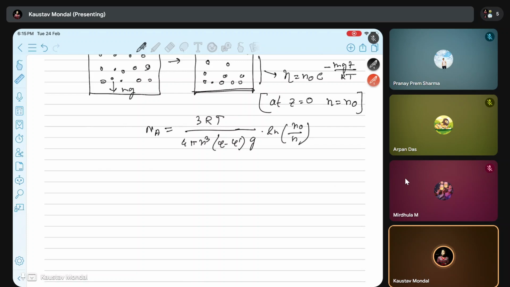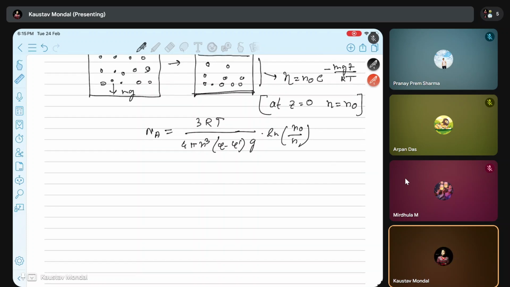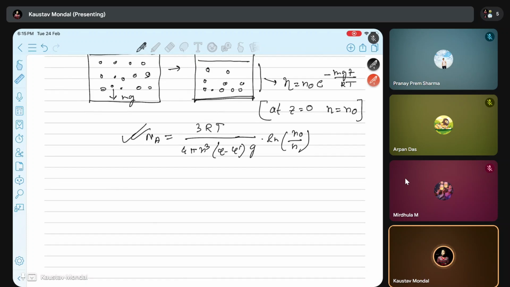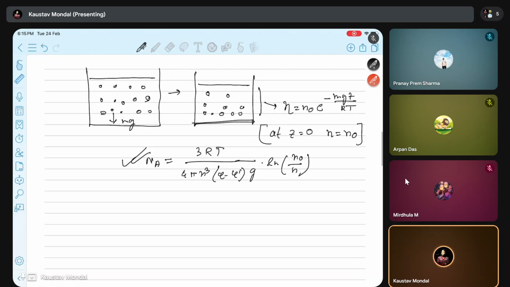From an experimental point of view, if you can calculate all the quantities on the right hand side and put them into the relation, you will get the Avogadro number. Perrin did this sedimentation experiment and verified the Avogadro number as 6.02 into 10 to the 23, and because of that he got a Nobel Prize.